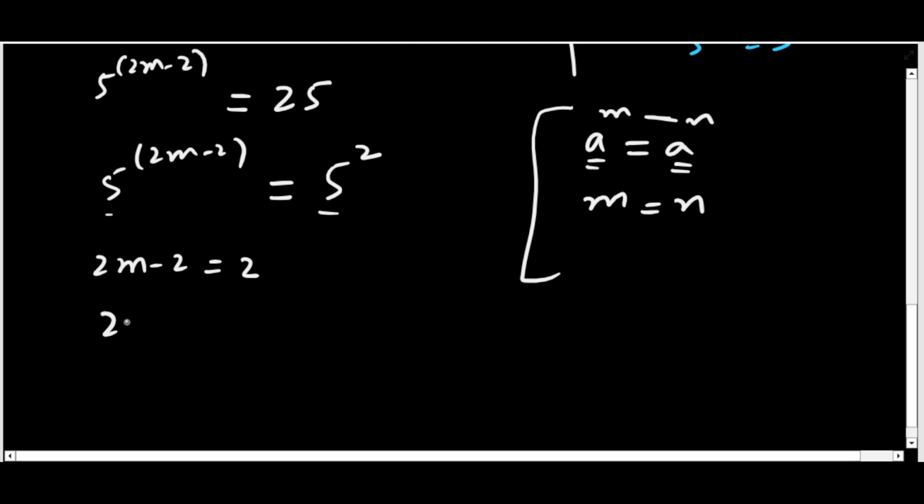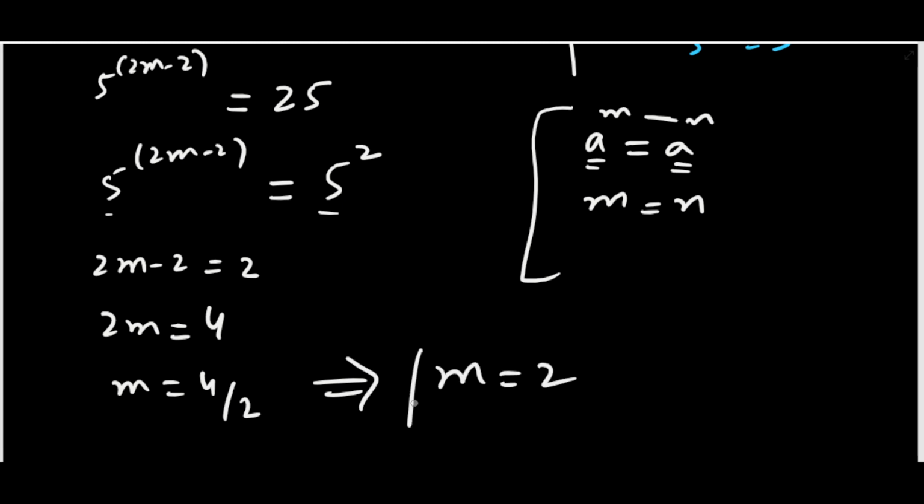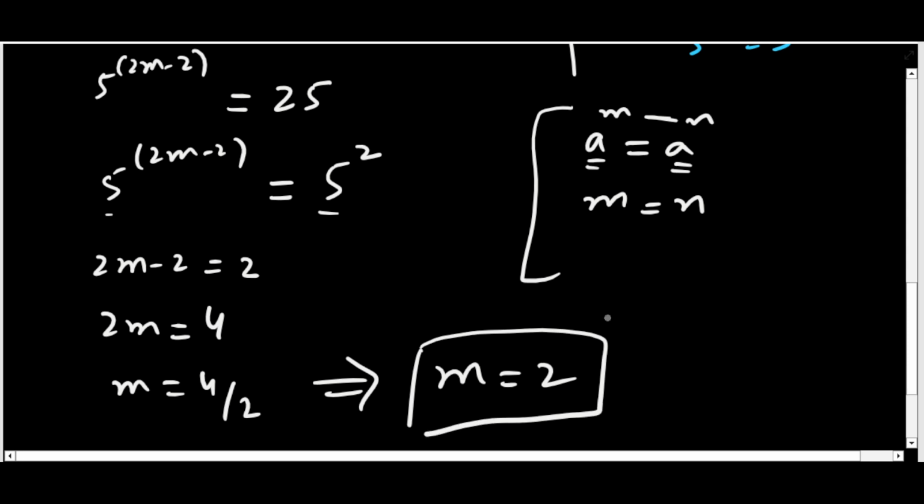Then 2m is equal to 2 plus 2, which is 4. So m is equal to 4 divided by 2. So we get the value m is equal to 2. This is the value which we required.